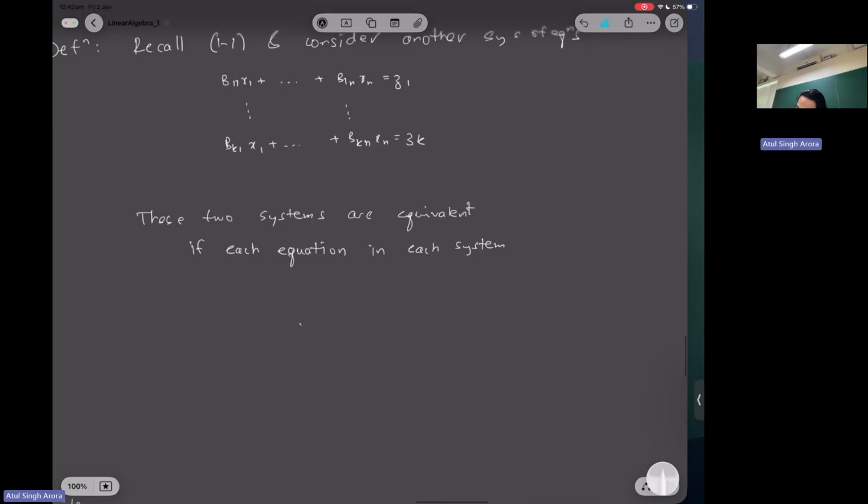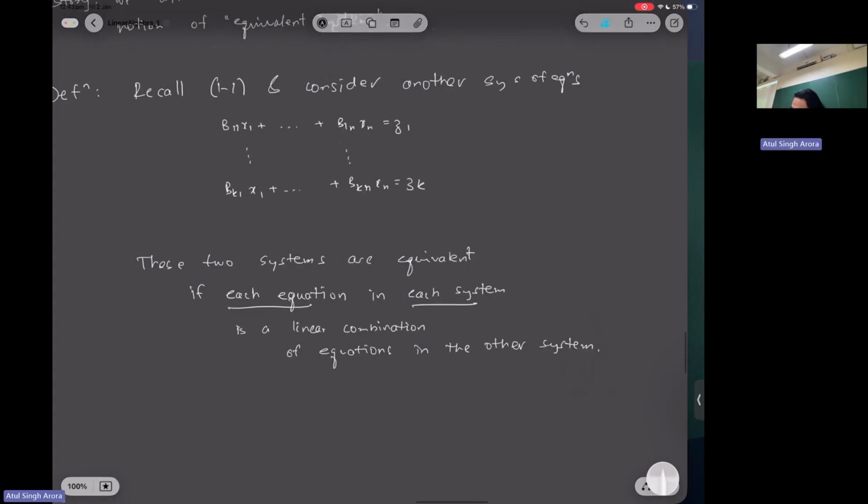So each equation in each system is a linear combination of equations in the other system. Is the definition clear?